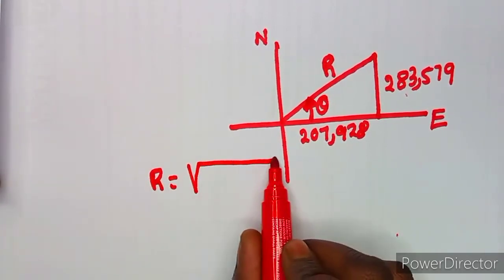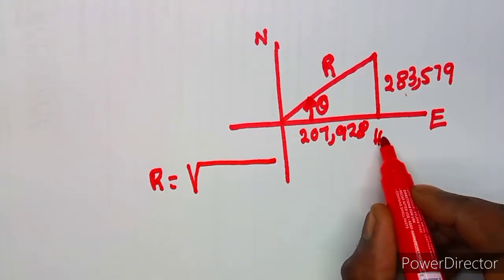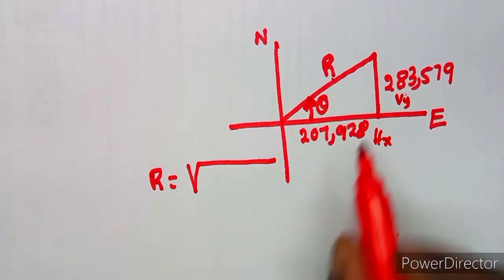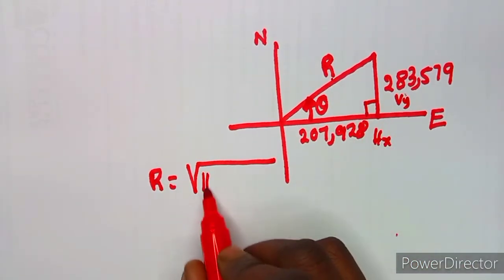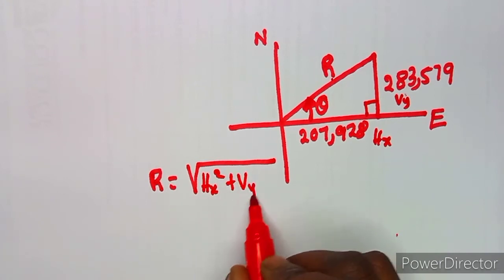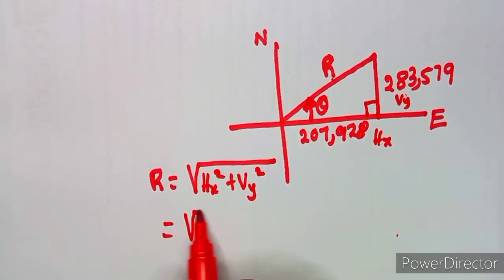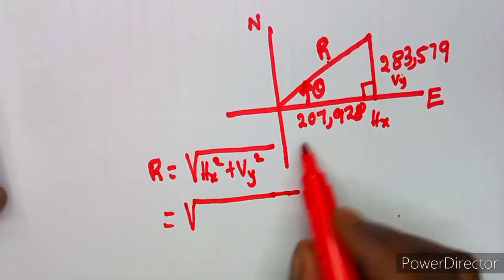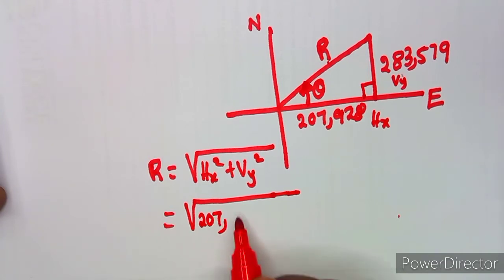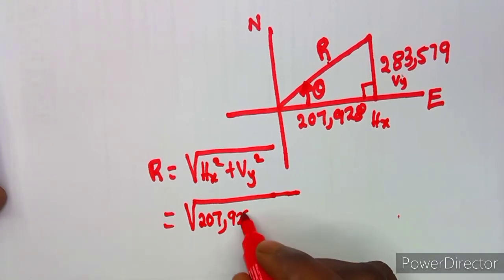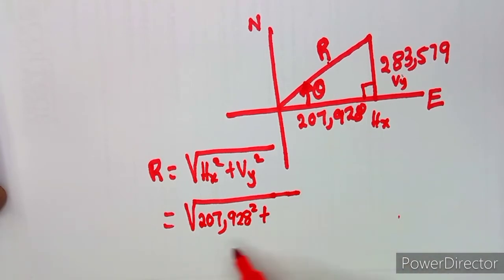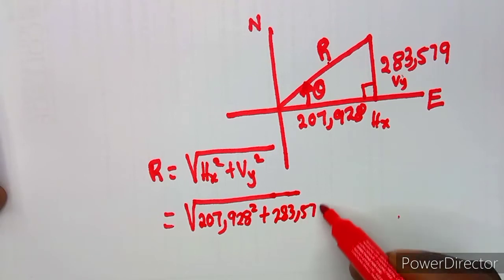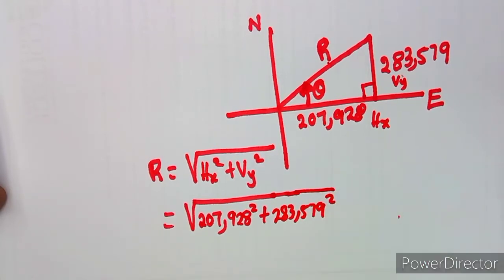So we know that the resultant is equivalent to, remember, this is our Hx and this is our Vy. To find this, we use the Pythagoras theorem, because this is 90 degrees. So it's Hx squared plus Vy squared, which is going to be the square root of, we have to substitute, guys, our Hx, which is 207.928 squared, plus the vertical component, which is 283.579 squared, everything under the square root.